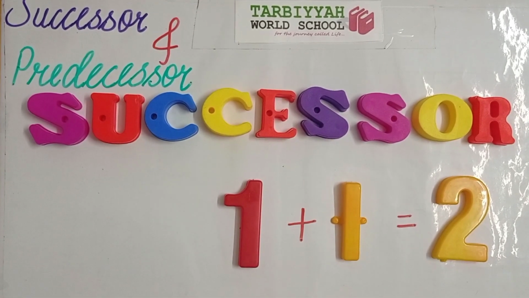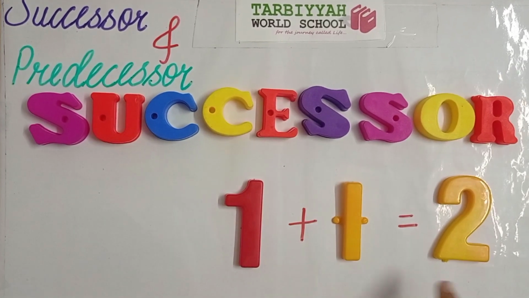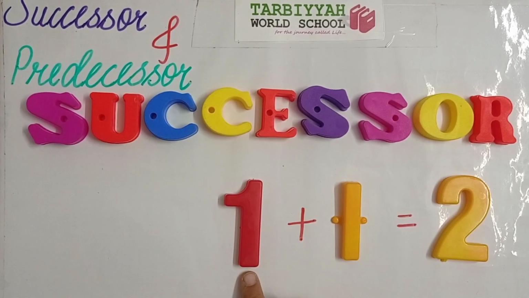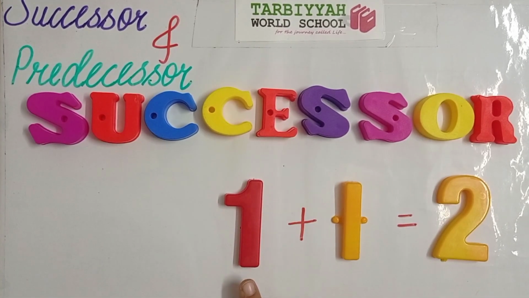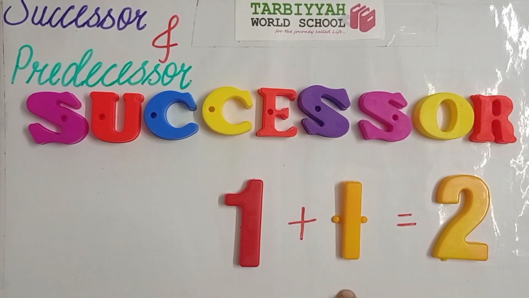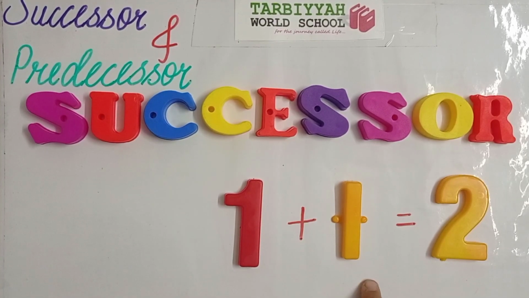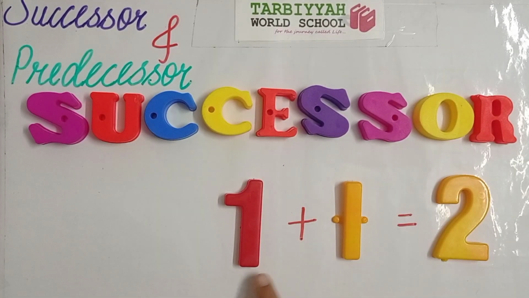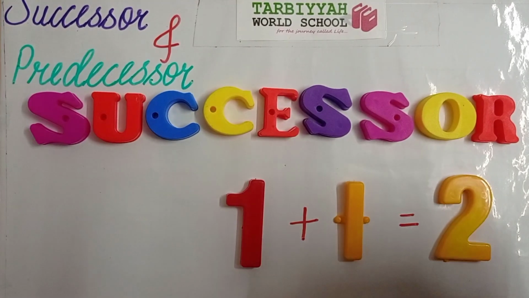So the successor of 1 is 2, because we have to add 1 to a number, and that is the successor.